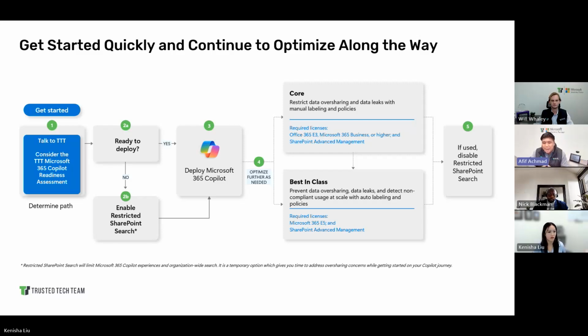For example, if you're currently on a Microsoft Business Standard license or an Office 365 E1, this is that time after the assessment. We'll take advantage of the roadmap and see what we need to do to align it with whatever the organization's needs are.